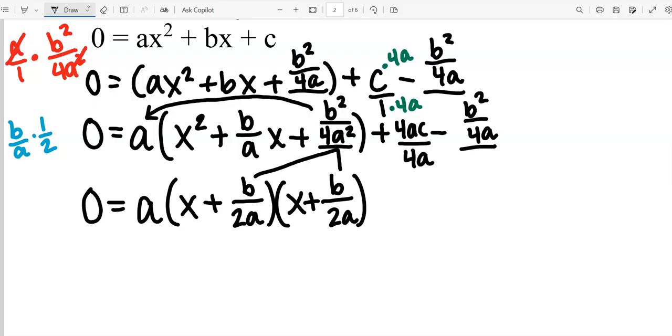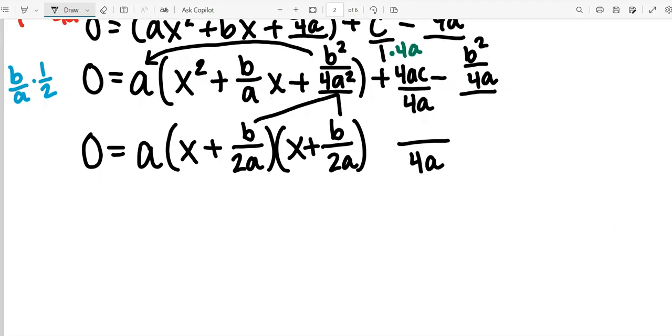So both of my fractions are now over 4a, so I have a common denominator of 4a. What should go first, the b squared or the 4ac? The b squared. Hey, what do you know about that b squared? What's the sign on it? Negative. I'm going to take that out and put it in front of my fraction. But what does that mean about 4ac? It was positive. If I took the negative out and I put it in front of my fraction, it's now going to be negative, so minus 4ac.